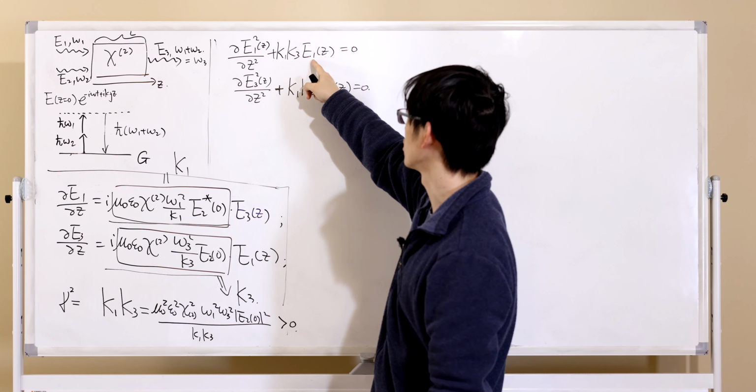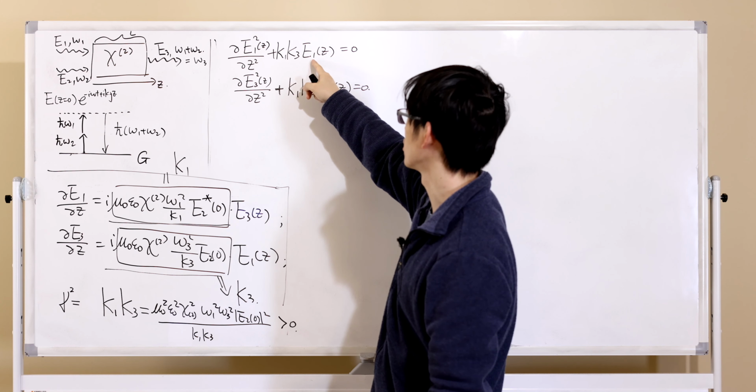Apparently we don't know. But one thing we do know is that there's an equation for this, right? The derivative of E1 over z is i K1 E3 at z equals 0. And we know that E3 at z equals 0 is 0, because there's no input of the sum frequency. So this is 0. And what is partial E1 over partial z from your general solution?